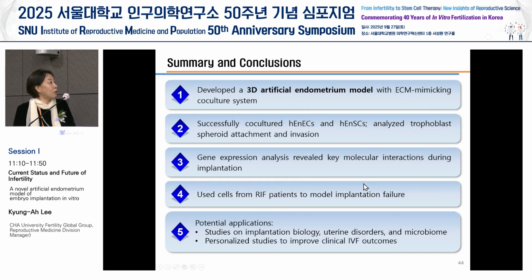Single-cell analysis techniques are more sensitive now, so small amounts can be enough for molecular study, I guess. The potential applications of this 3D structure are implantation biology, uterine disorder, and microbiome study, for personalized study to improve IVF outcomes.